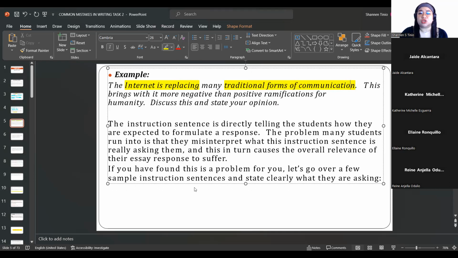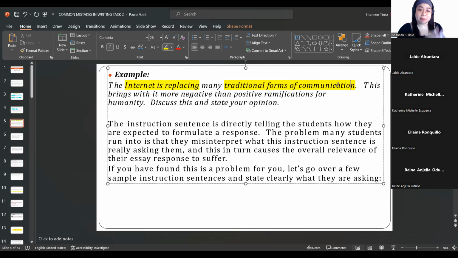So another traditional form of communication is using a feature phone. Do you guys know what a feature phone is? Pinahirapan ko pa no? Feature phone is a keypad phone. Keypad, yeah.